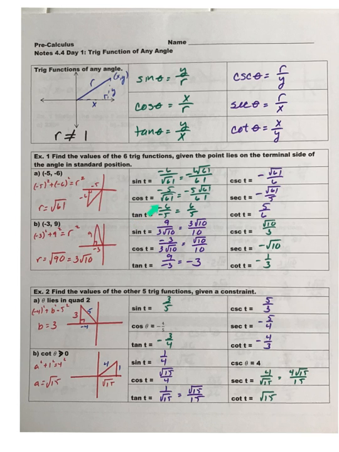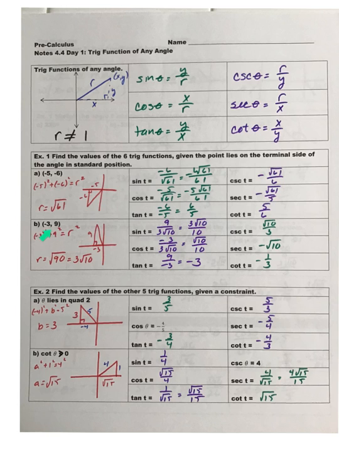Tangent y over x, -6 over -5 is 6/5. Then we can find the other ones, but we can use the r over y, r over x, x over y, or what I like to do is just the reciprocal. So if I take the reciprocal, I get -root 61 over 6, -root 61 over 5, and 5 over 6.